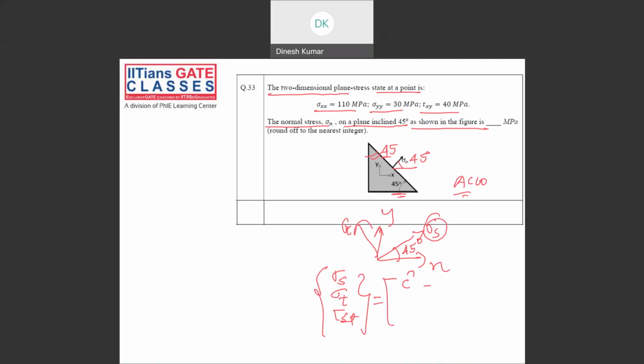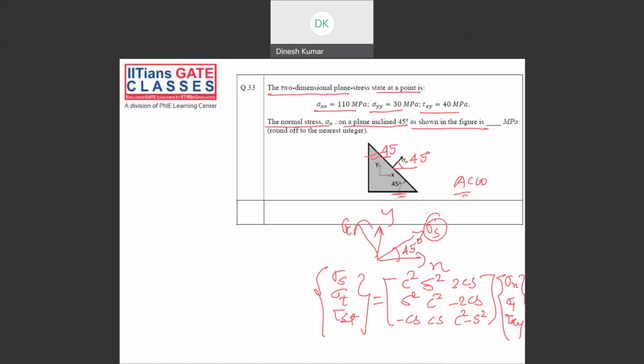It is c square, s square, 2cs; s square, c square, minus 2cs; minus cs, cs, c square minus s square. And this multiplies sigma x, sigma y, tau xy.